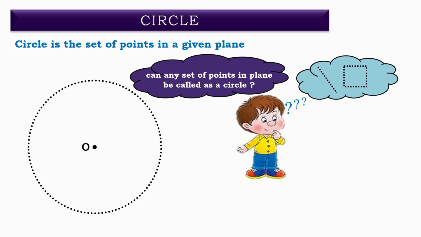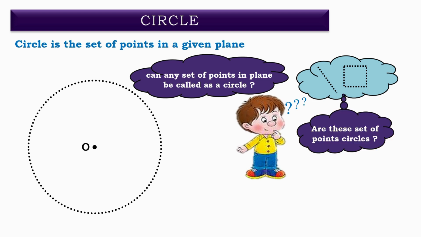Let's see these points, whatever is given inside the blue cloud. Can we say these are circles? Earlier it is mentioned that a circle is a set of points in a given plane, but that is not the complete definition. I will come to that part later on. So are these sets of points circles? No, these are not the set of points of a circle.